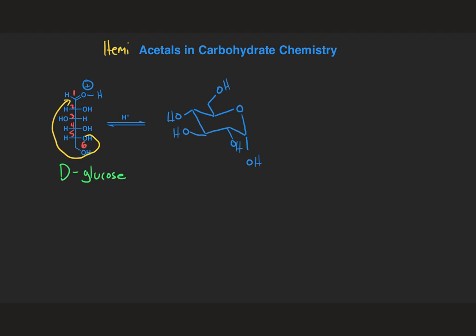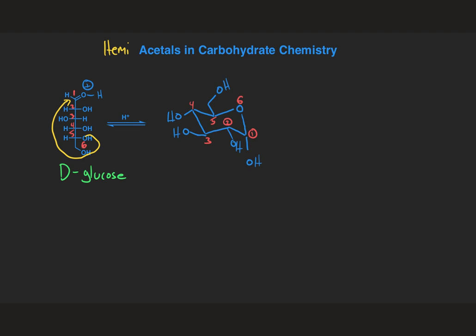So we form the cyclic form of D-glucose like this. And so if I look at my numbers again, carbon 1 is here, carbon 2, 3, 4, 5, and this is the nucleophilic oxygen 6.